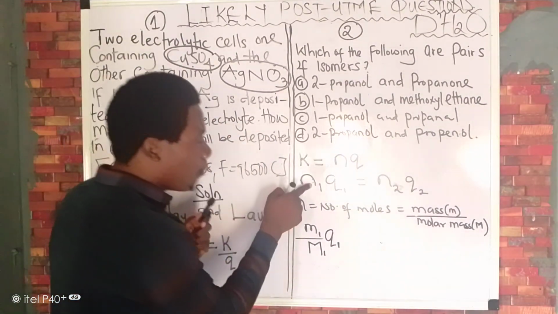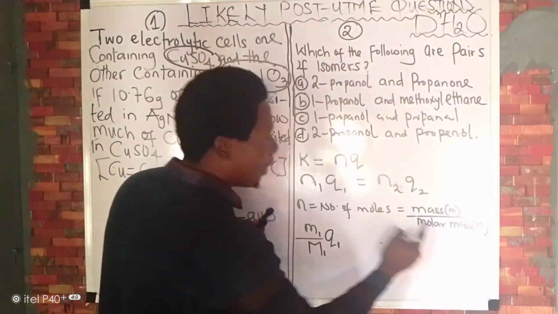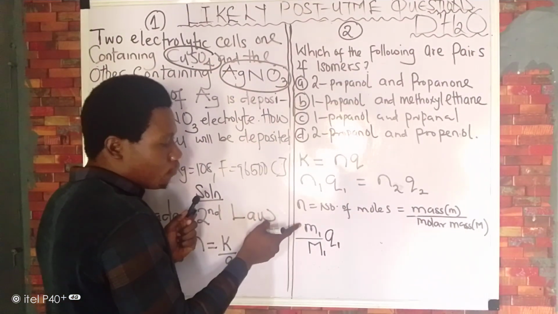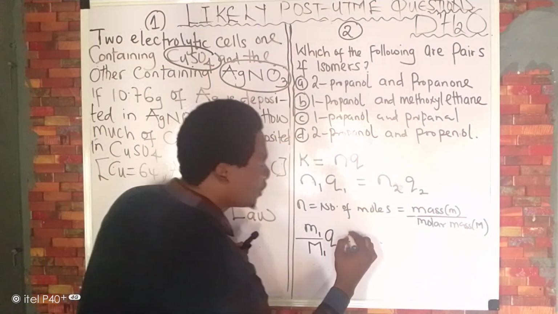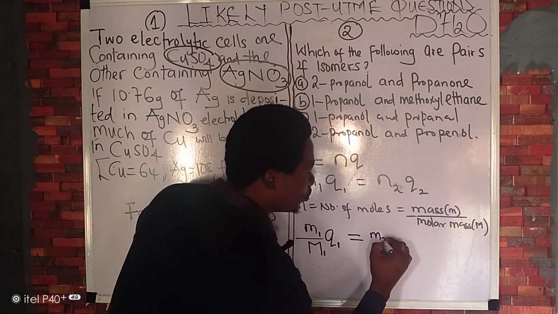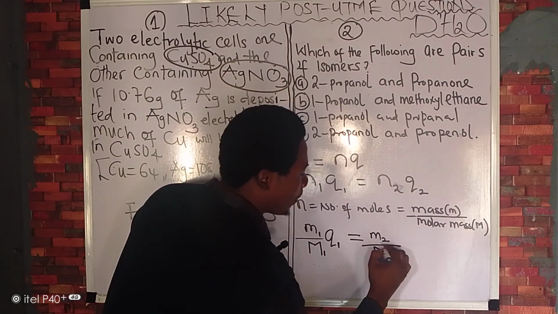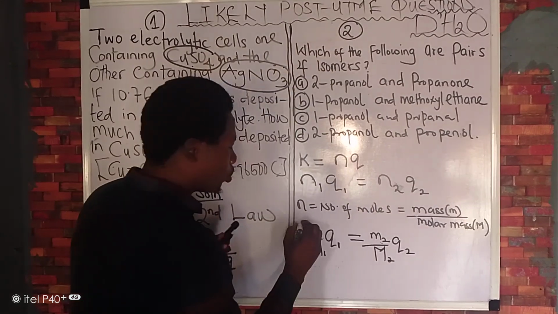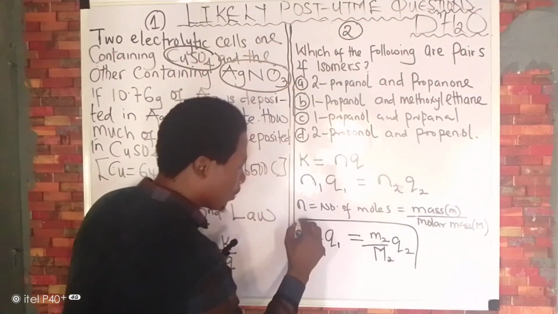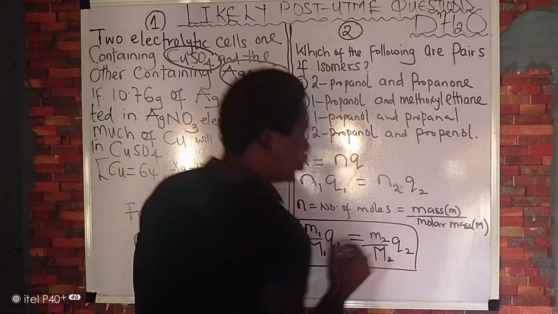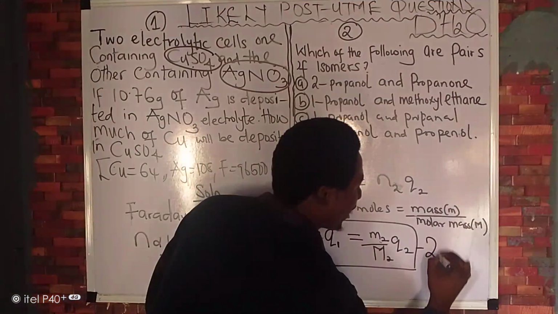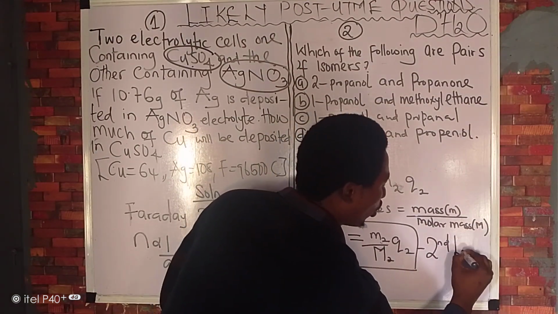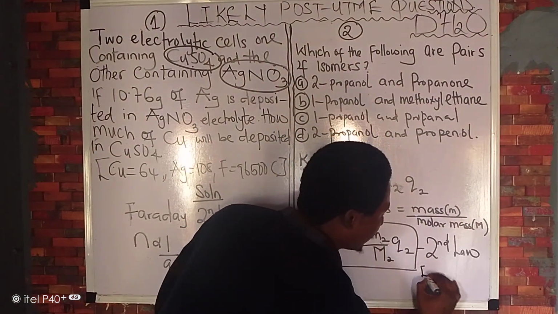Look at it: number of moles is mass over molar mass. So you have M1 over molar mass 1 times charge 1 equals M2 over molar mass 2 times charge 2. Wow, this is so interesting, this formula is used in Faraday's second law of electrolysis.